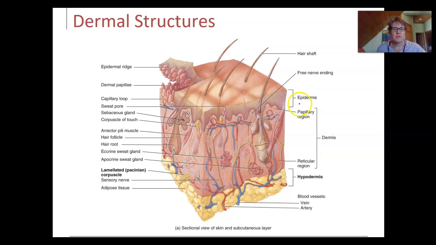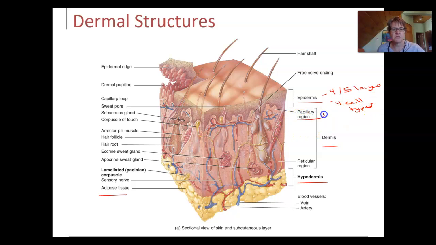Quick little review. We have the epidermis, the dermis, the hypodermis. The hypodermis consists of adipose tissue. The epidermis has the 4 or 5 layers, depending on if it's thick or thin. It has 4 cell types. You want to make sure you know all that.